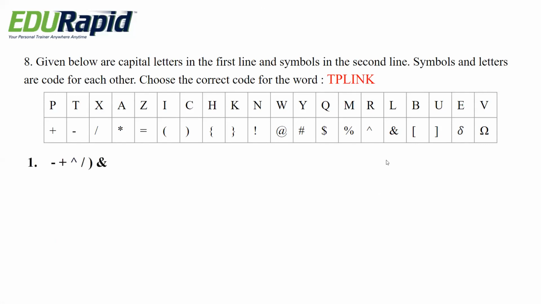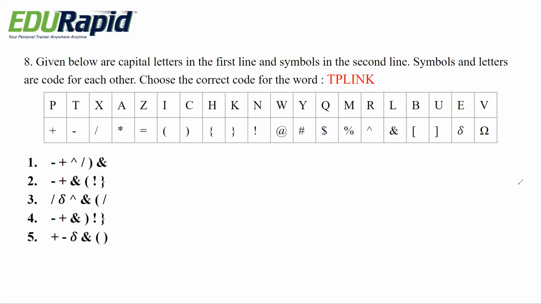The options are: first, minus, plus, uppercase, divide, close bracket; second, minus, plus, open bracket, exclamatory mark, closed flower bracket; third, divide, delta, uppercase, open bracket, divide; fourth, minus, plus, closed bracket, exclamatory mark, closed flower bracket; last, plus, minus, delta, close bracket, open bracket.